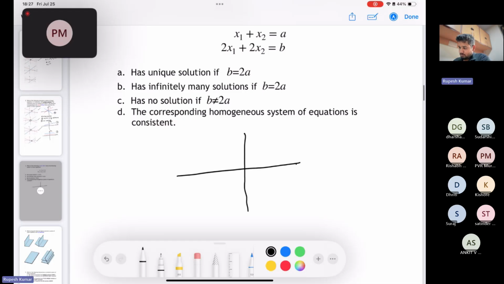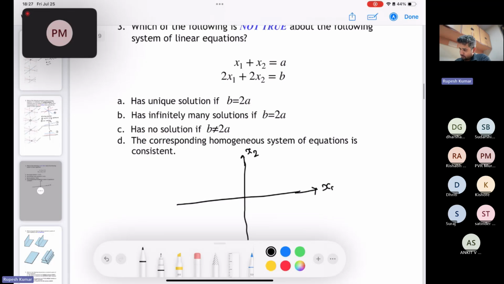Let's try to solve it geometrically, right? So again, we can define the coordinates x1 and x2. Now the first equation says x1 plus x2 equals a, right? Let's try to solve these systems of equations. So x1 equals a minus x2. And then you have 2x1 plus 2x2 equals b.